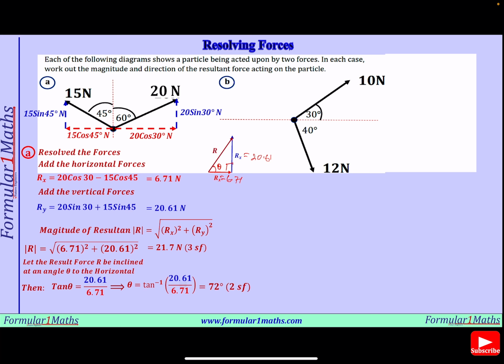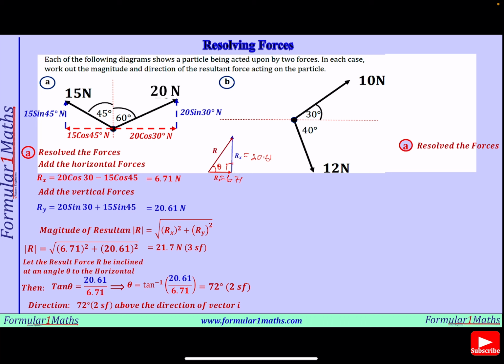And this evaluates to 72. We then go and formally state the direction as 72 degrees above the direction of the vector I, because this direction here is in the I direction.